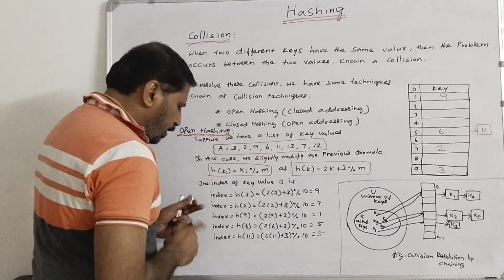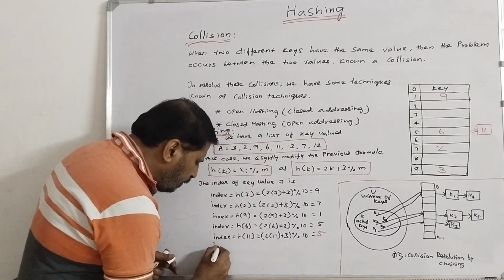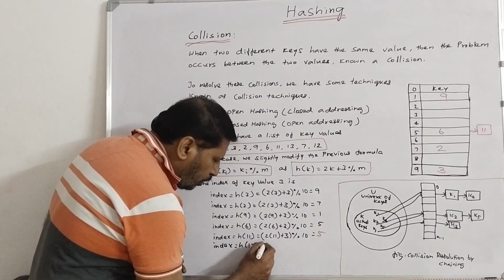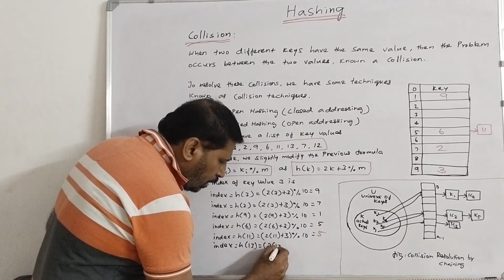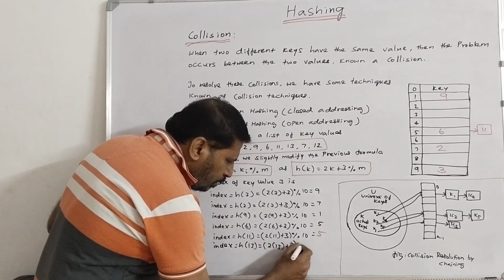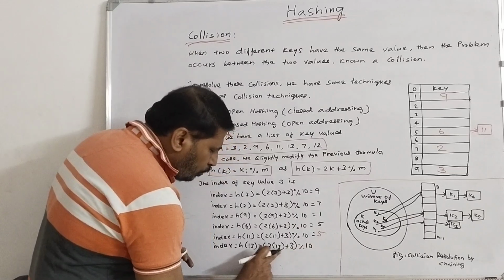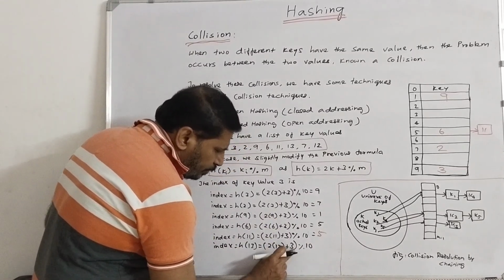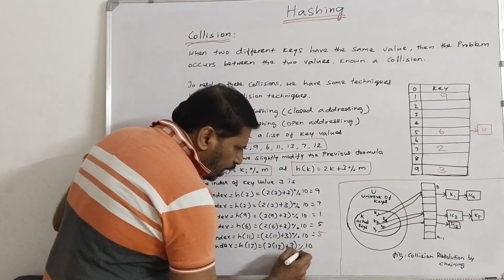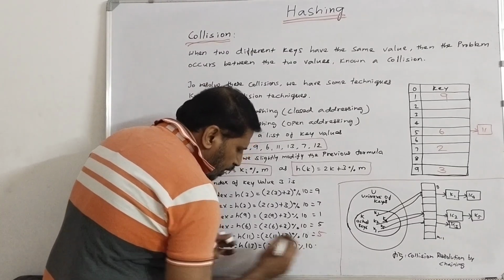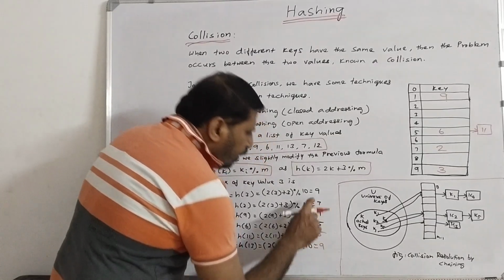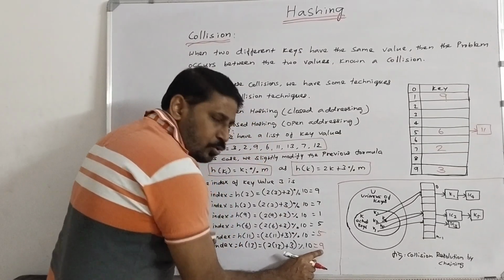What is the next number? It is 13. Index equals h(13) equals (2 into 13 plus 3) modulo 10. 2 into 13 is 26, 26 plus 3 is 29, and 29 modulo 10 is 9 again. Index 9 is already filled, so it is a collision.